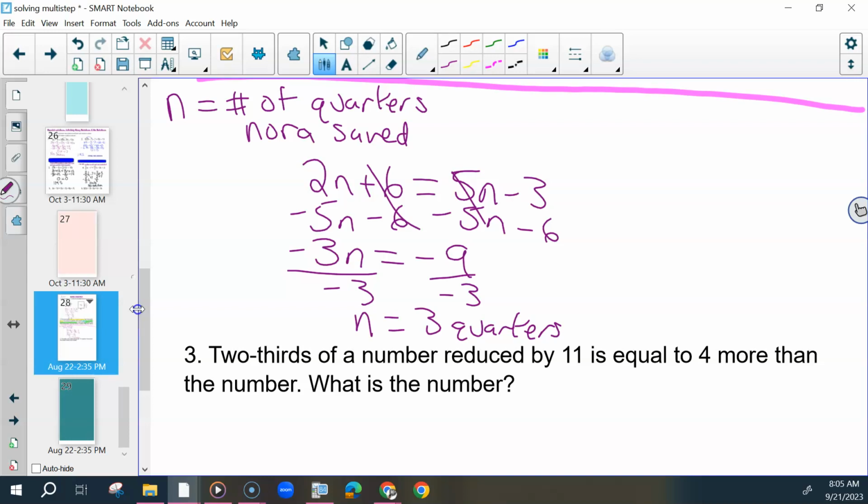These 4 tables, do this side, 2n plus 6, put 3 in. These 5 tables, 5n minus 3, put 3 in. Figure out what you get. You should get the same thing.